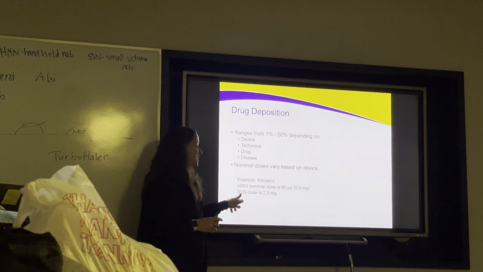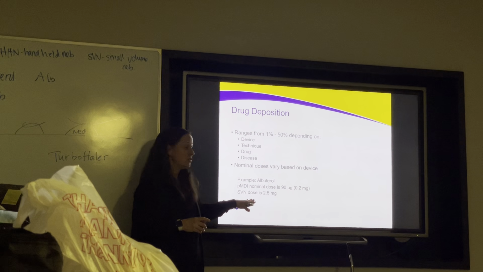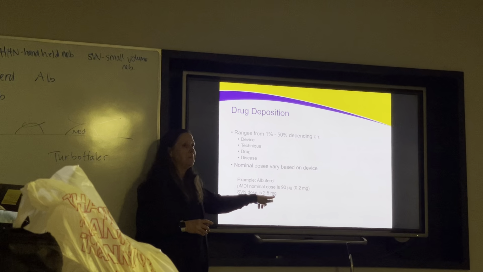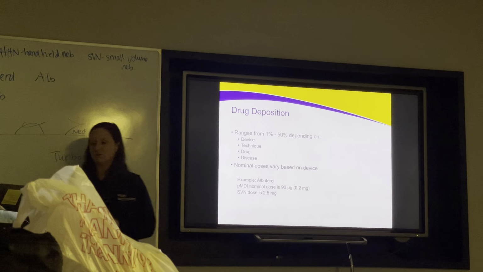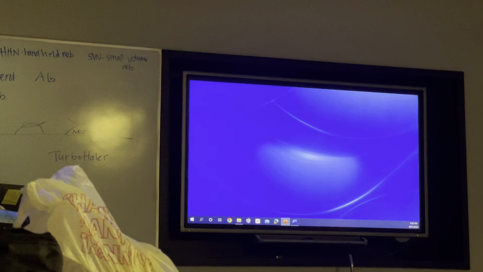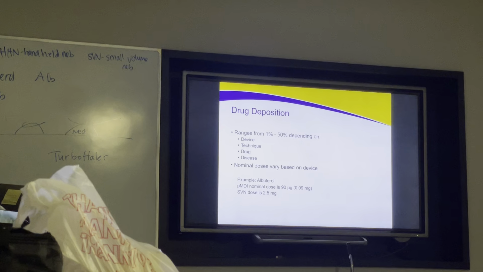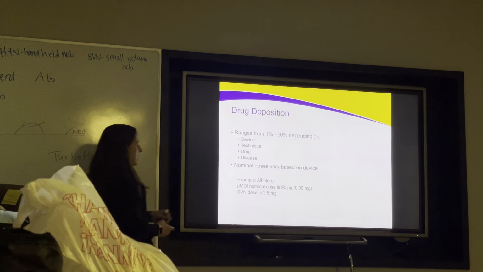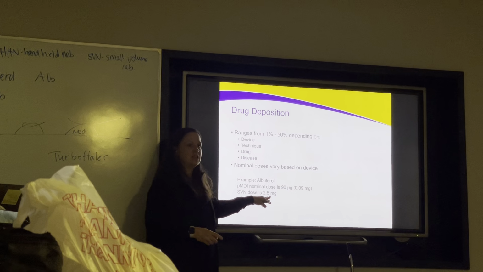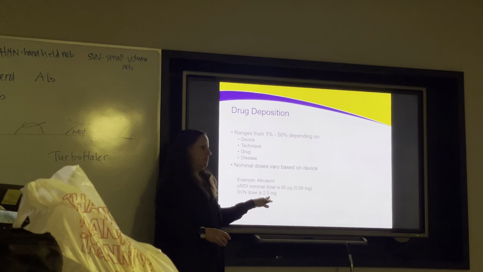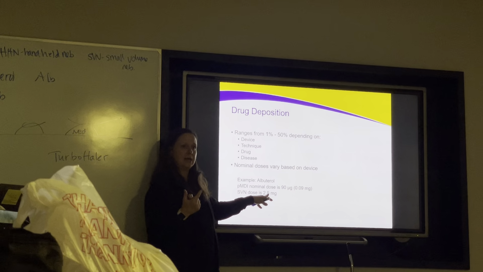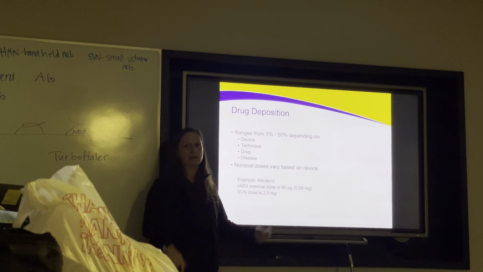But if I put it in a small volume nebulizer, the dose I'm giving is 2.5 milligrams, okay? So this should say 0.09 right there. Okay, that's what I should look at, okay? So if I'm using a nebulizer, I have to give a lot more, right?